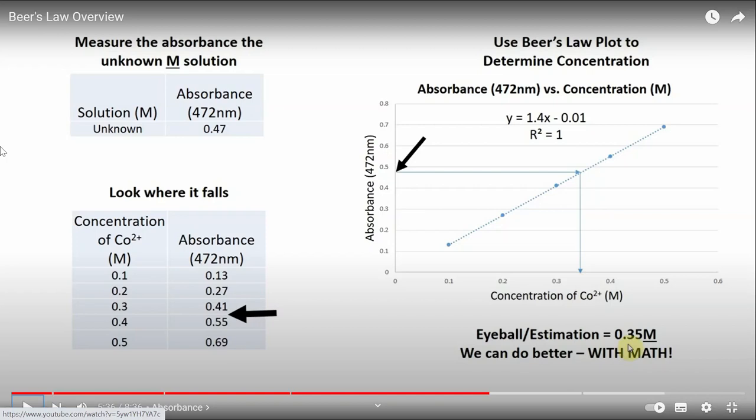This is something that could show up on the AP exam. They could give you a graph like this and say this was the calibration curve. That's what this is called. This one is called a calibration curve.